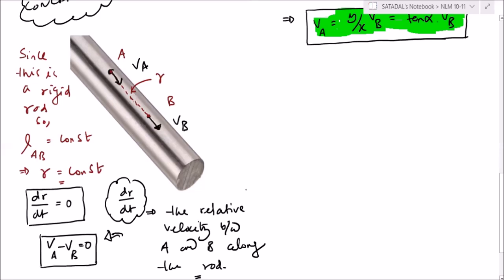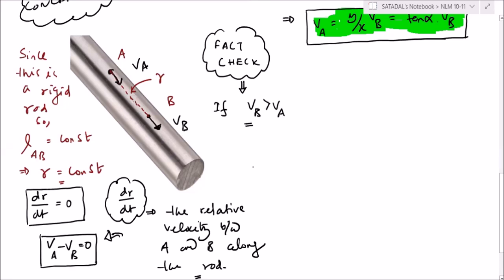Right? Okay, fine. Somebody will be ready with the counter argument: Sir, why should I accept? Why is it 0? Prove it. Okay, so now I am going for the fact check. What if VB is greater than VA? Listen to me carefully.